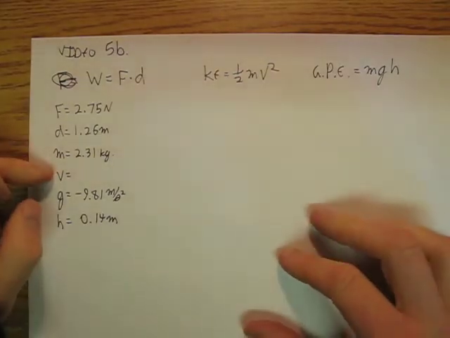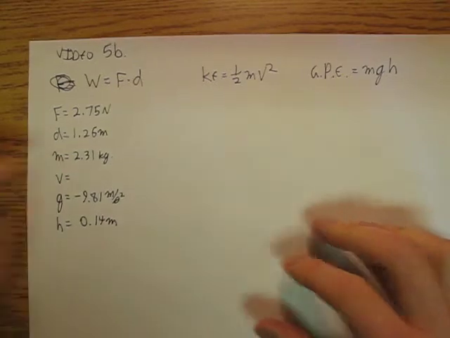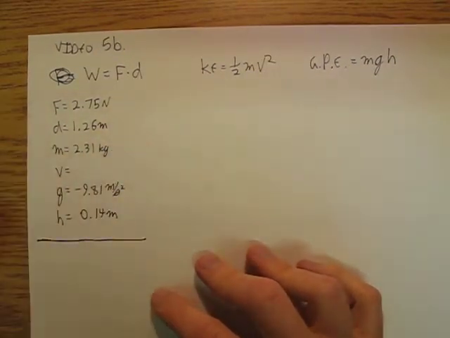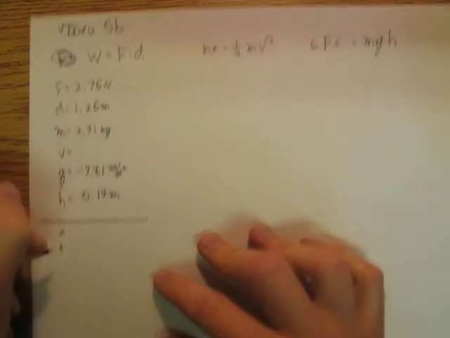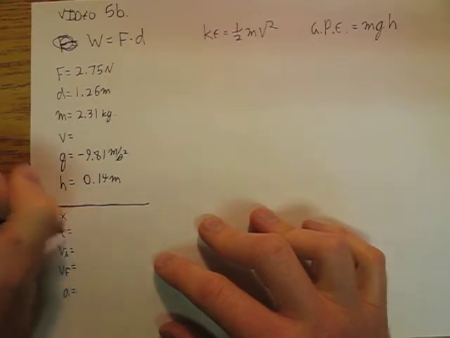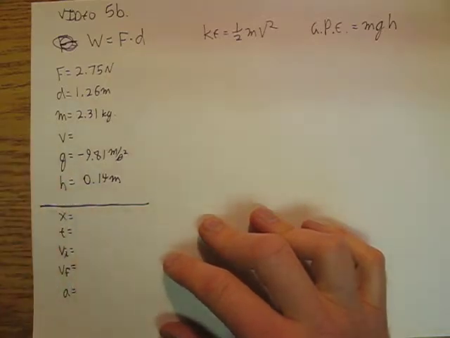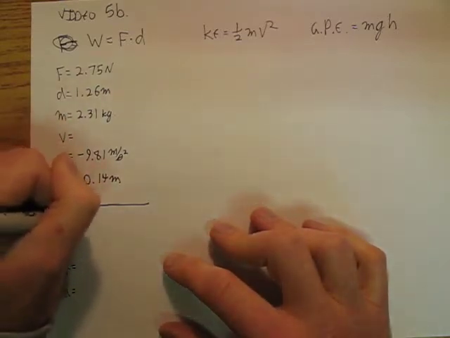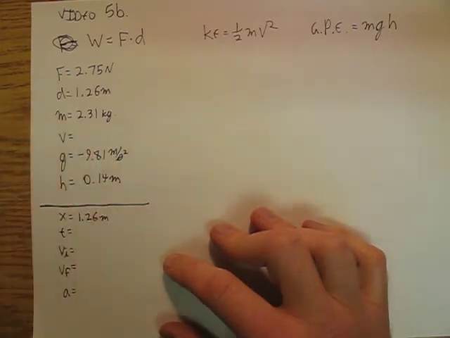Okay, so let's fill in this velocity here. To fill in the velocity, we're going to have to go to one of our older charts. We're going to have x, t, vi, vf, a, and we know that the x that it traveled was the 1.26 meters down the incline.